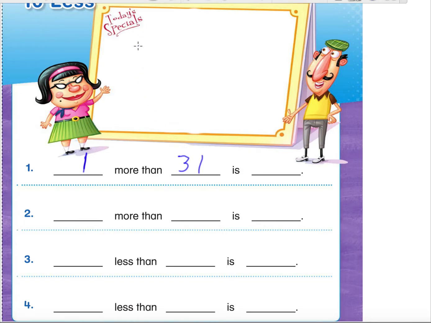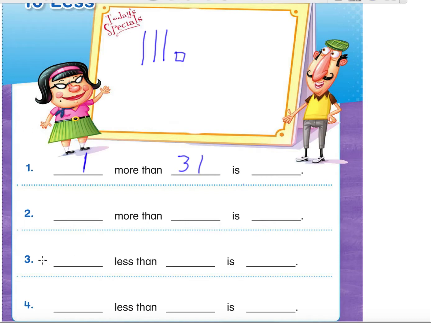So, and I will make a very quick picture. I'll make little rods for the tens. See, it's a 10. That's another 10. And another 10. These are our tens rods. And then we just need one square for a ones. Now we need to show what is 1 more than 31.